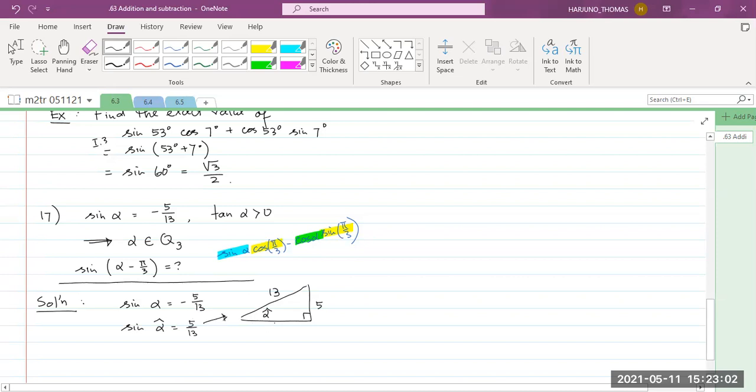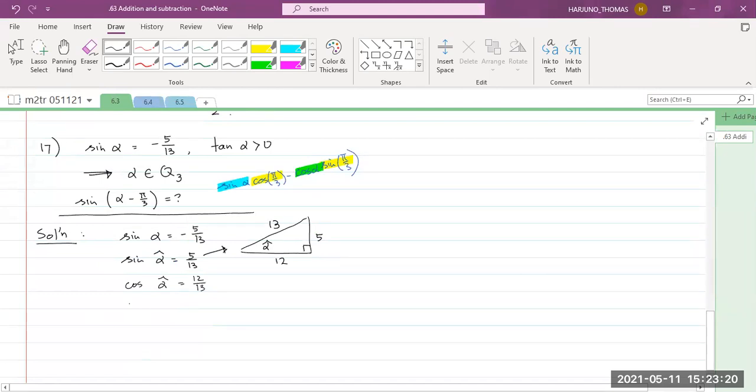Now, what is the adjacent? That's 12, right? So cosine alpha hat is 12/13. Now go back to cosine alpha, the angle in quadrant 3. Cosine alpha must be the same number, but this time, because it's in quadrant 3, it must be negative. Okay, now we go back to what we need to answer.